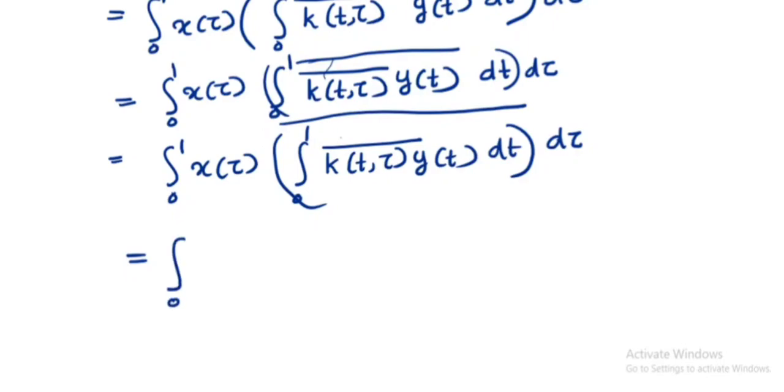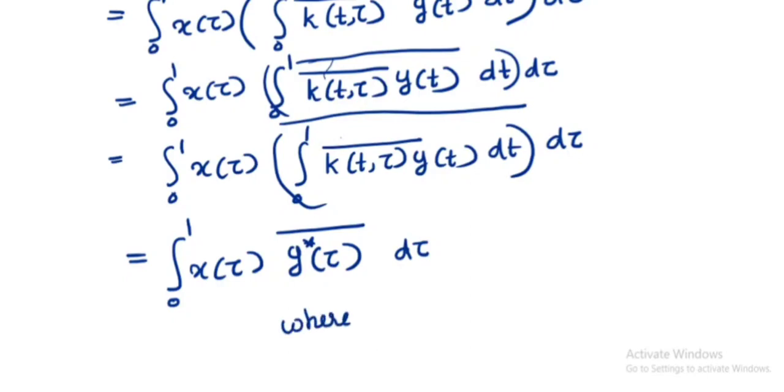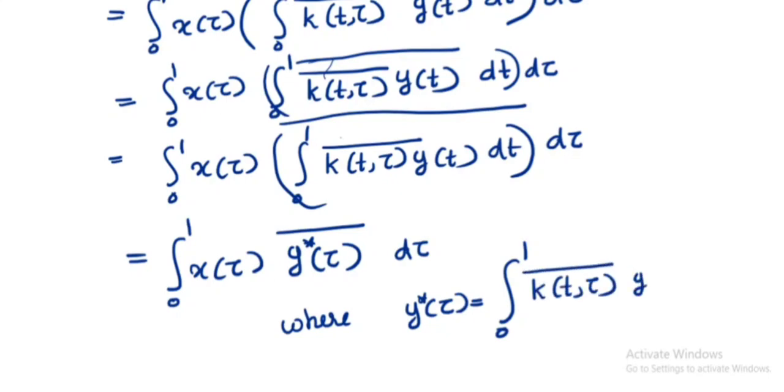Okay, and this is equal to the integral from 0 to 1 of x(tau) y star(tau) conjugate dt, where y star(tau) is equal to the integral from 0 to 1 of k(t, tau) conjugate y(t) dt.